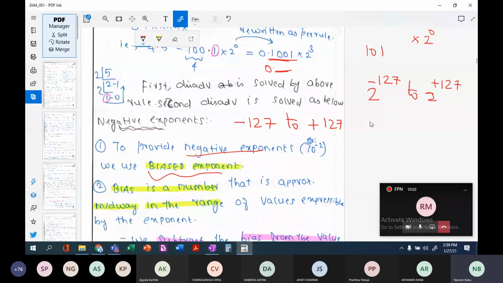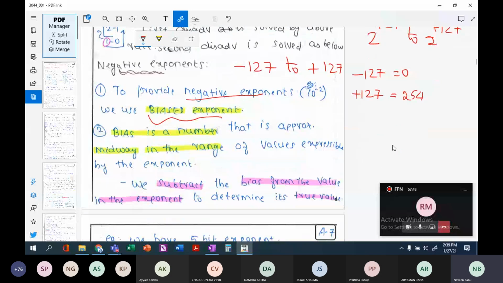Then -127 corresponds to 0, and +127 corresponds to adding 127 to it, so 254 corresponds to +127. Whenever I want to find the actual value, I subtract 127 from it.